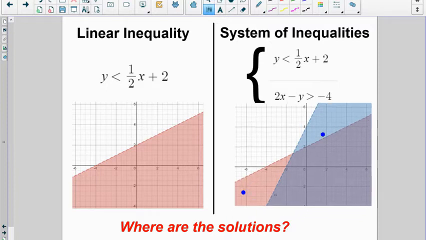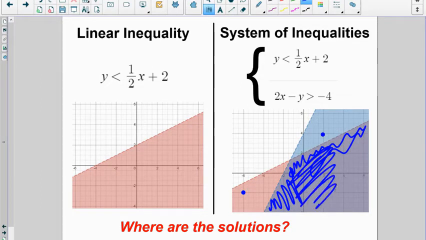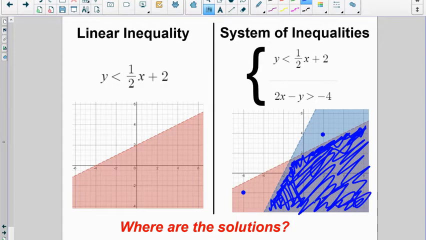So if I were to kind of draw this, let me try that again. Kind of shade in all the way up to those boundary lines, but not crossing those two boundary lines and where they intersect. That would be our solution zone, or where our solutions are going to occur.